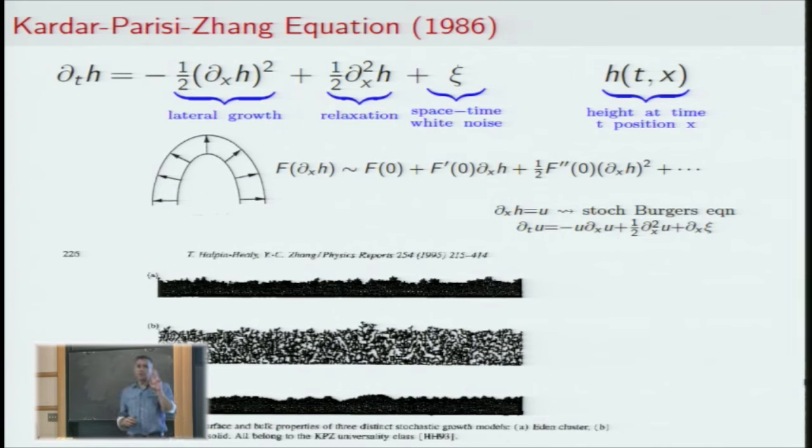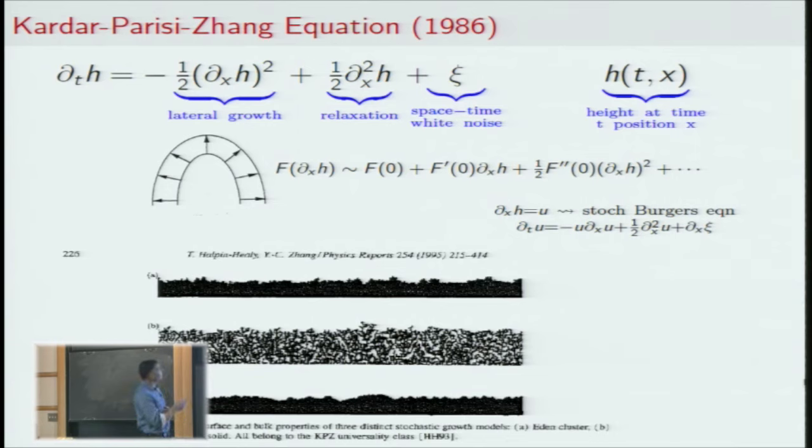There's basically these three key terms in random growth that are being encapsulated here. One is the relaxation, which is just a heat equation. And then there's a forcing by space-time white noise, which is this term. And then the most important term here, by far, is this lateral growth term. So let me explain the lateral growth term.